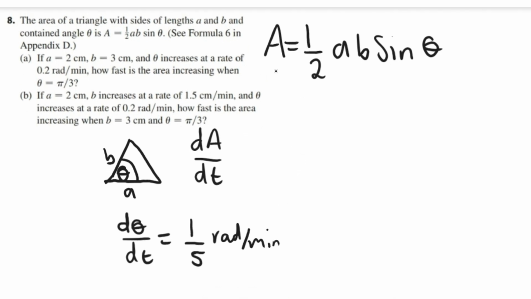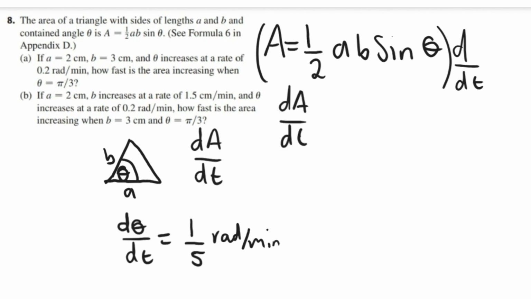Now we are going to take the derivative with respect to time, d over dt. A is a to the power of 1; differentiating it with respect to time, you get dA/dt. Half is a constant.